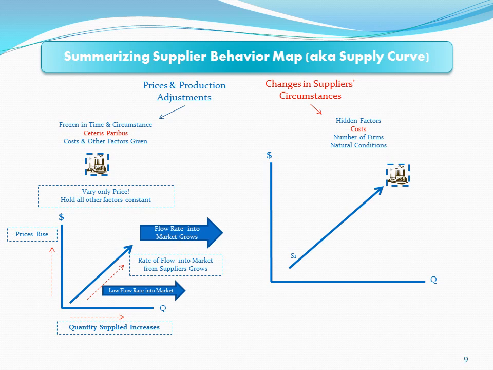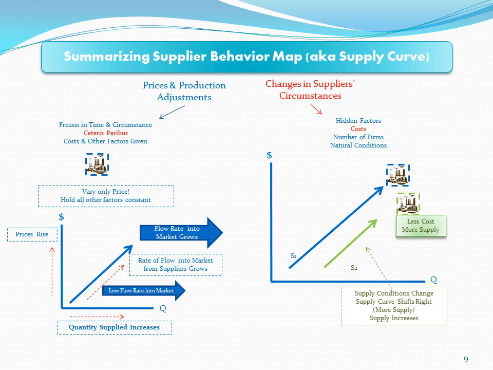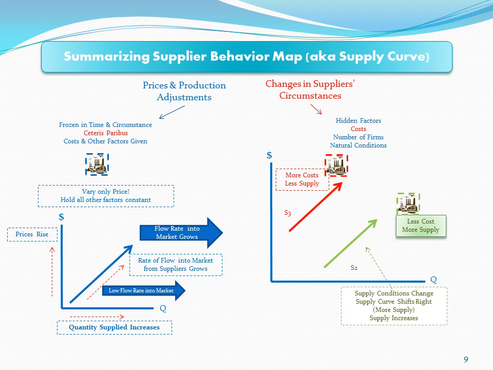Again, using costs, we can see here the industry is supplying S1 behavior under current conditions, but if we lower the costs, we will have more supply. That is a movement to the right in the supply curve, an increase in supply. If costs increase, we'd have a shift to the left.